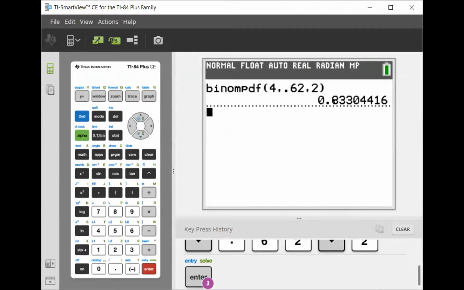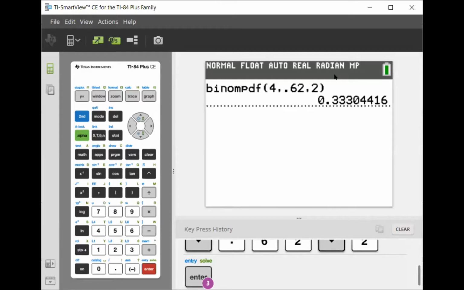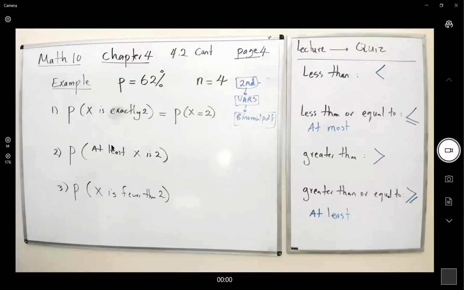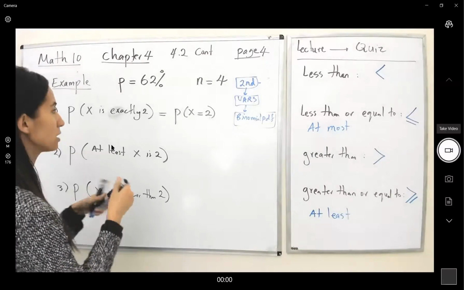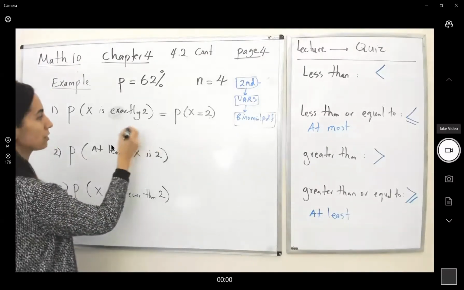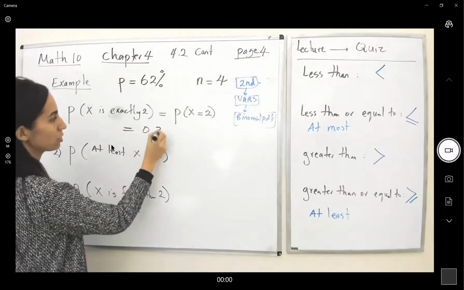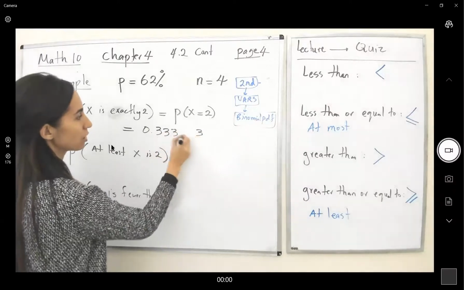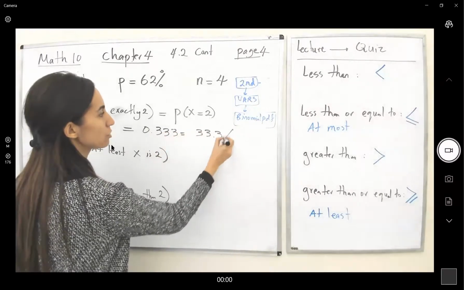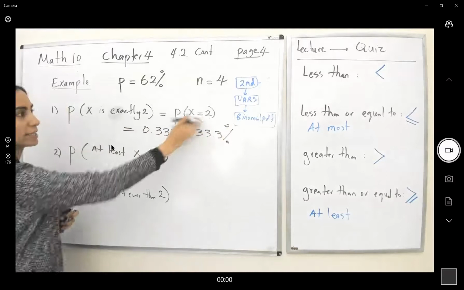It's going to be like 33.3%. So the first probability that we calculated is 0.333 or 33.3%. Exactly 2.